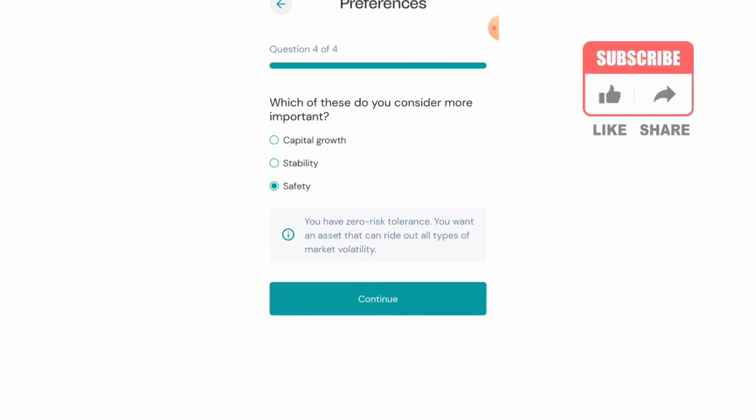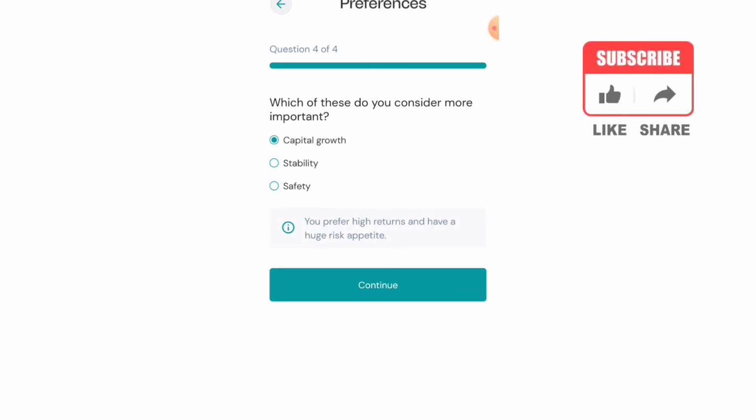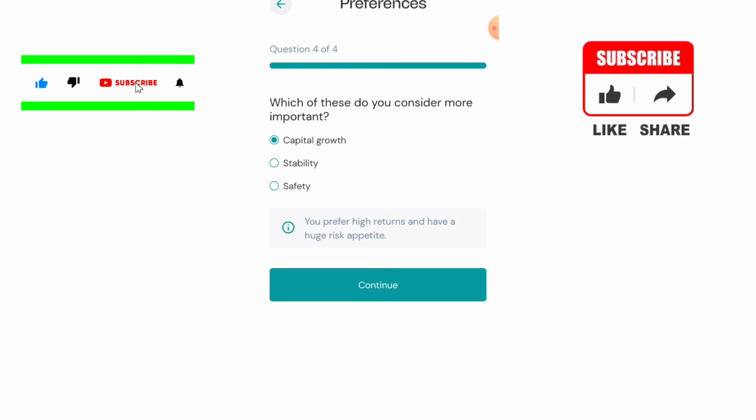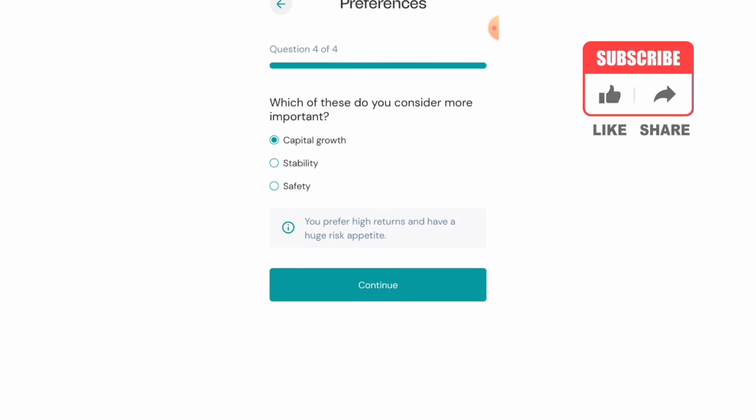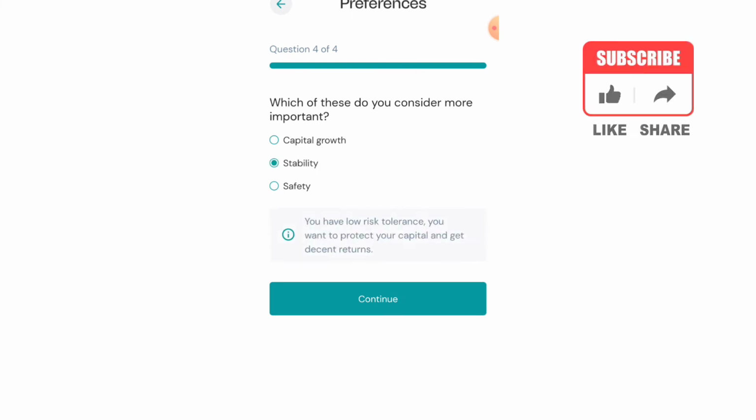You don't want the stock market to be brutal and then your money goes down. With capital growth, you prefer high returns and you have a huge risk appetite. Also know that high risk equals high return, and it can also mean that you lose some part of your money. For me, I love stability because my risk appetite is quite low, between low and medium. I don't like doing anything too risky.